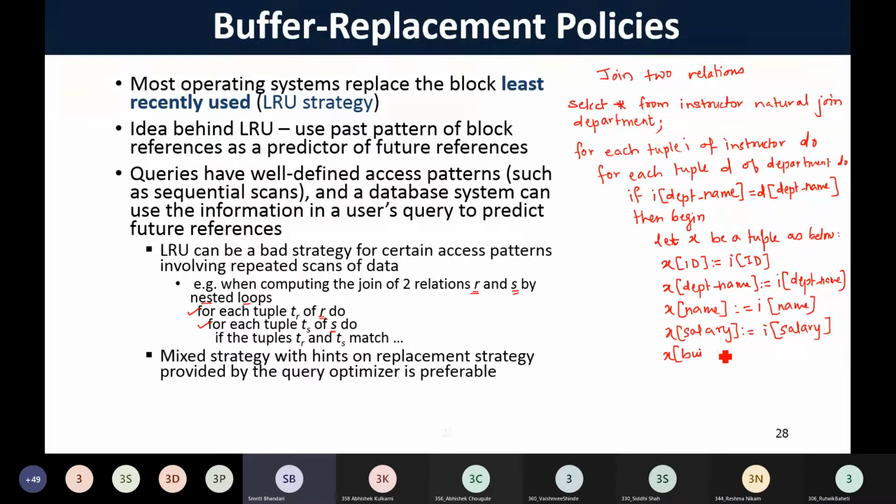Now the attributes we are referring to are from the department relation. So X.building is assigned D.building.